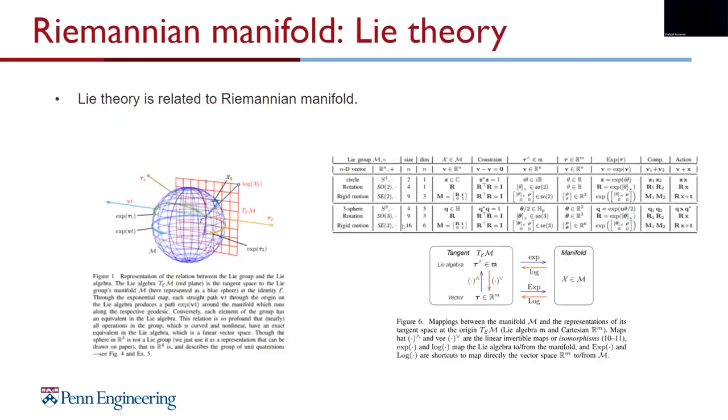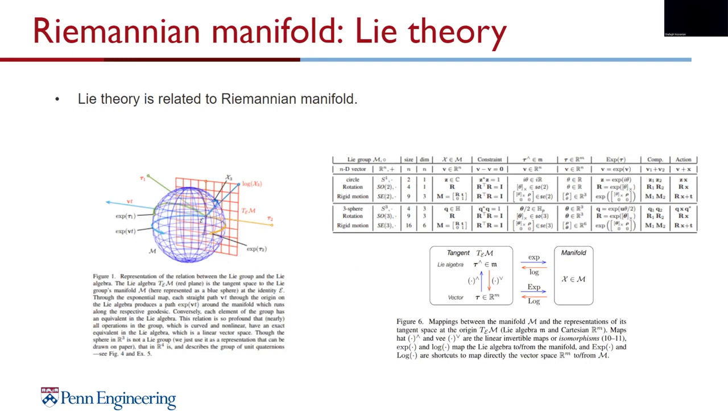So actually, when you studied the introduction in robotics, you heard about Lie theory. Basically, when you convert the rotation matrix or SE3 matrix, you make it into some kind of a skew matrix, and then you get a vector from it.